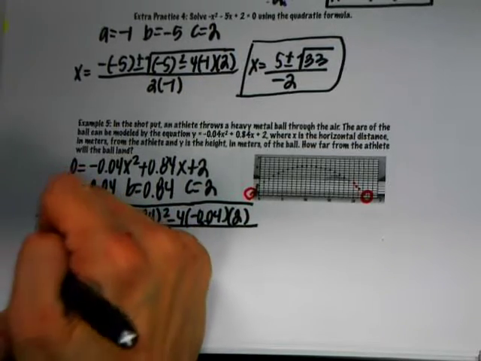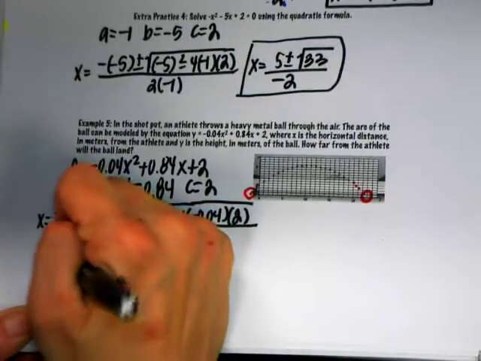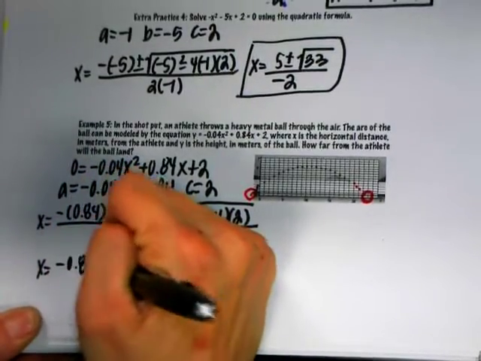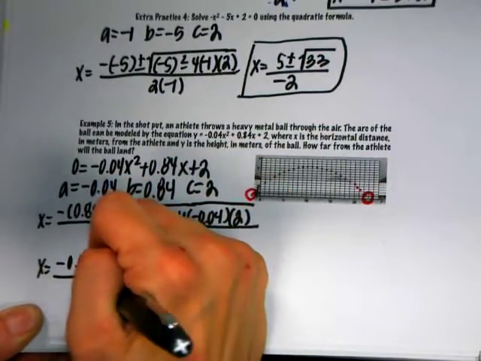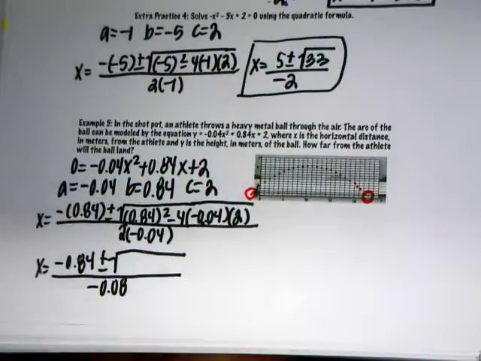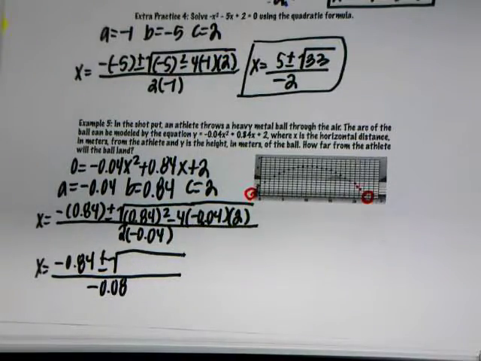Okay, so you're going to get x equals -0.84 plus or minus whatever that is over -0.08. I think under the radical you get 1.0625 or something. Has anyone done it? Or can someone type that in and verify that it's 1.0625?